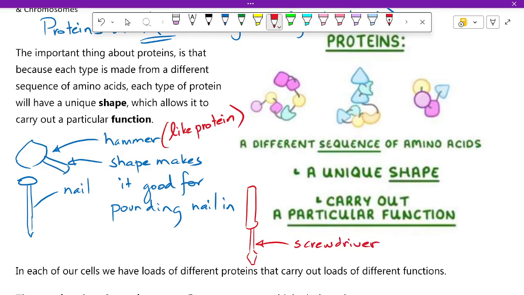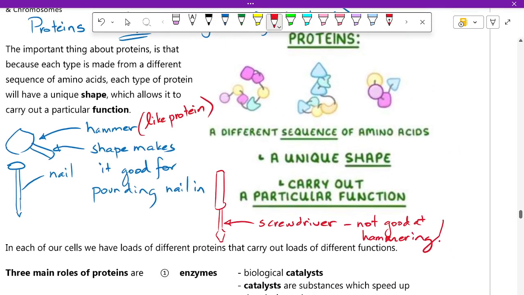No. It's good at screwing the screw in, yes? Okay, it's good for screws. And so proteins, just like the hammer and the screwdriver, their job depends on their shape, okay?